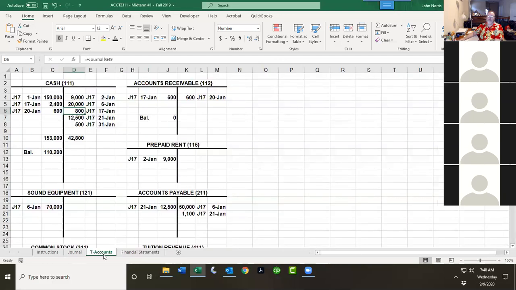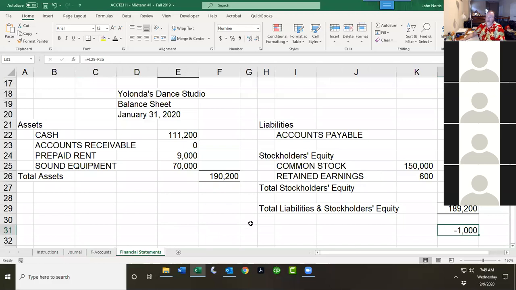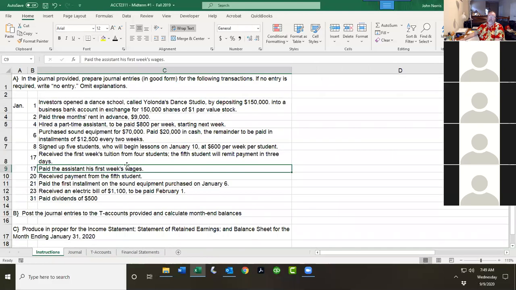The second thing to look for is, now the transaction is off by $1,000, and you look at your transaction list and there is no $1,000 transaction.